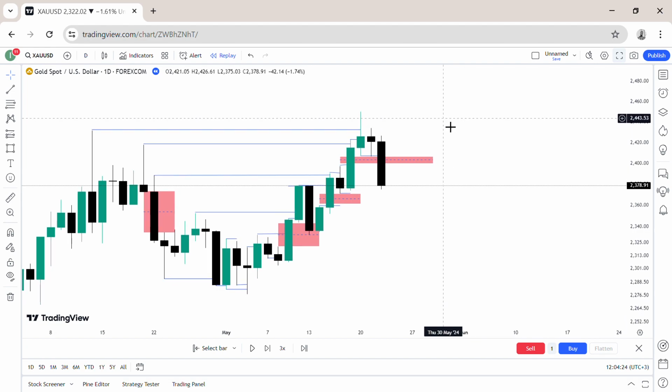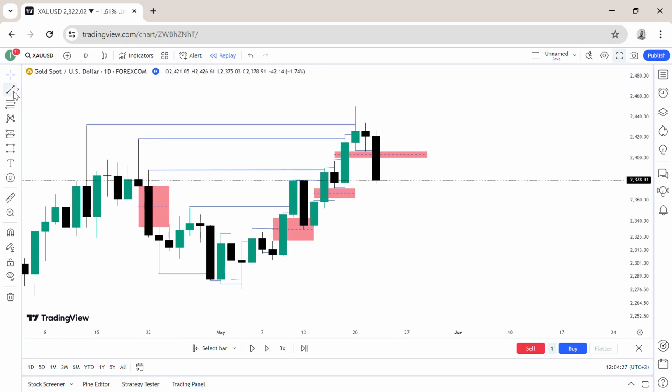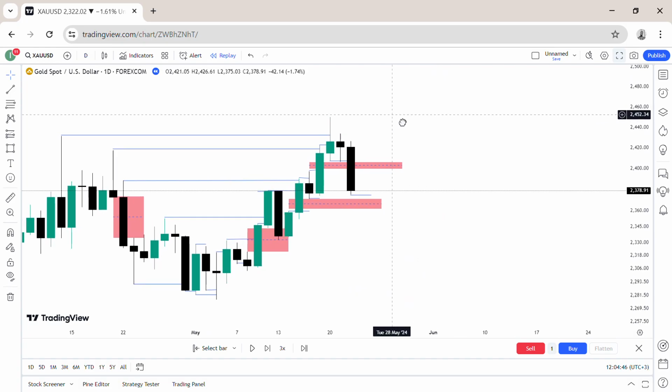So if you now see this again, let me have this as the last example. If you look at this candle, this candle closed, or it disrespected this fair value gap, closing below. And if you can see below again, there is another fair value gap that is unmitigated.